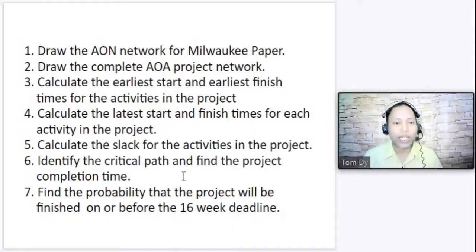In other words, I will be regrouping these questions into 3 groups. First group is questions 1 and 2. Second group is questions 3, 4, 5, 6. And then the last group is question number 7.